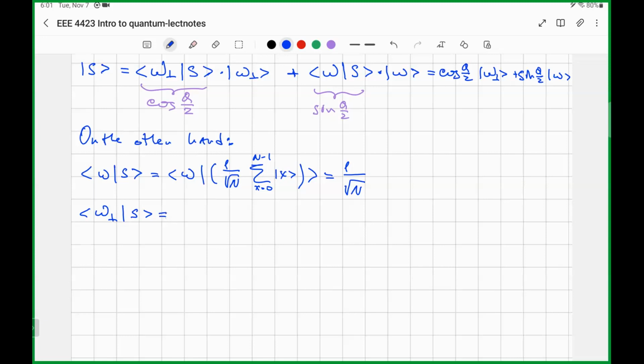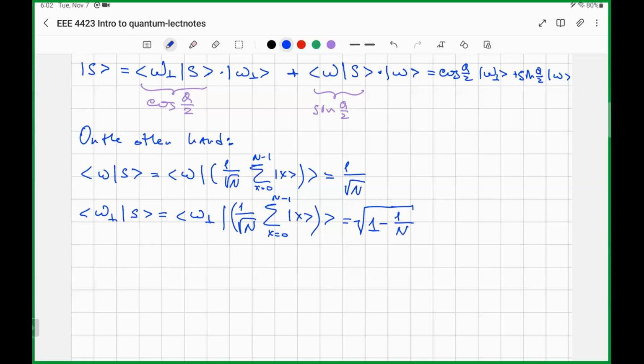So in the same way, we multiply omega orthogonal by this vector S, which is 1 over square root of n, x runs from 0 to n minus 1, state x. And here we can show that the result will be square root of 1 minus 1 over n.